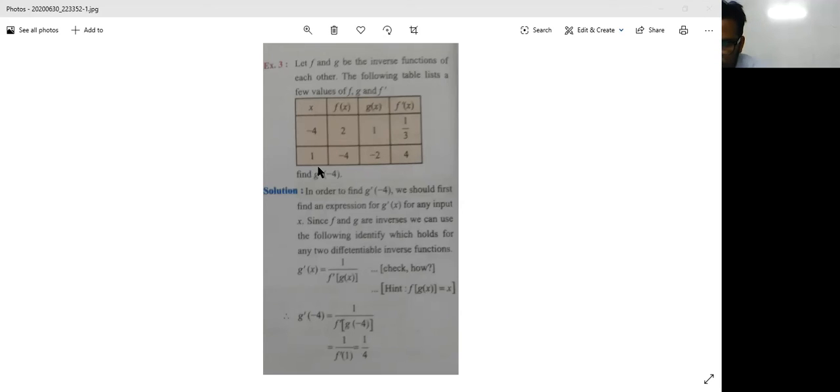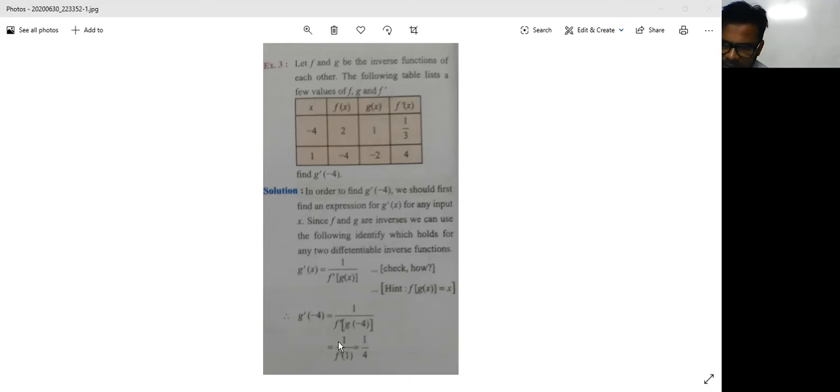क्लियर? मतलब आपको g dash find out करना है -4 का, that means x is -4. तो g dash of x find out करो. g dash of x क्या होता है? That is 1/f dash of g of x. ठीक है, f dash of g of x जब g dash of -4 है तो x आपका -4 हो रहा है, तो g of -4 is 1. ठीक है, क्योंकि देखो यहाँ दिया है if x is -4 g of x is 1, तो ये आपका 1 हो रहा है.